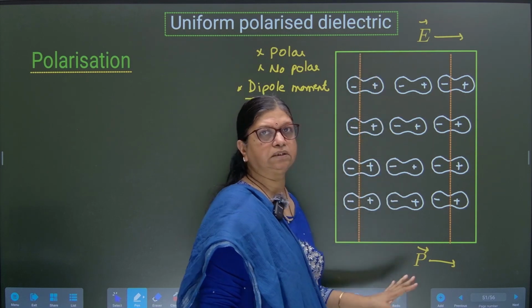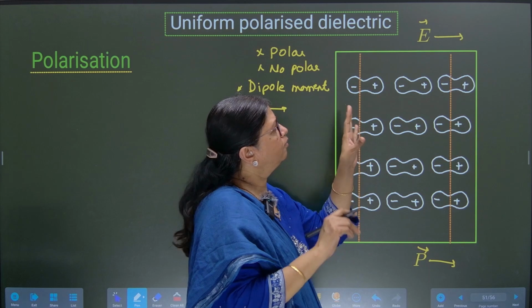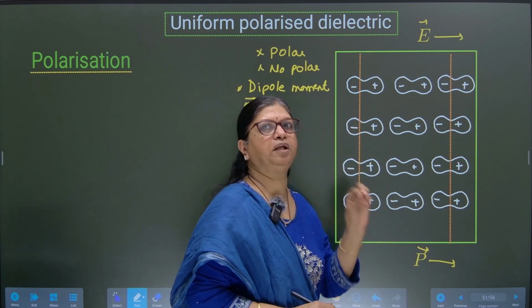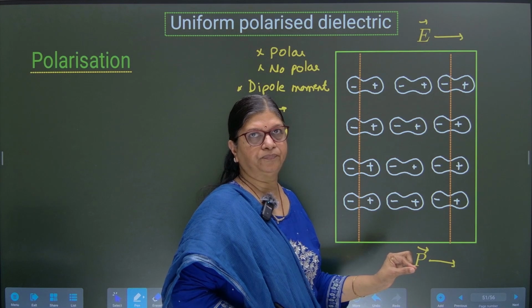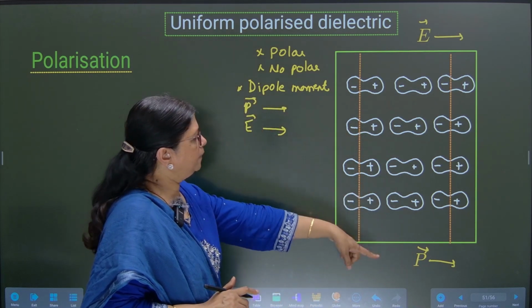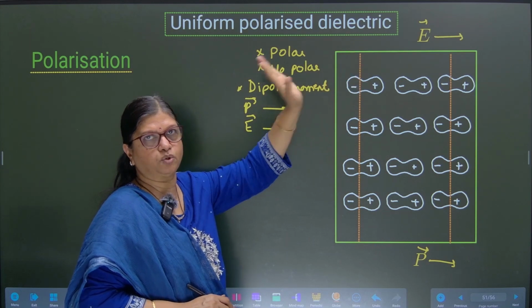Whether this dielectric is polar or non-polar, a net dipole moment will definitely be induced inside the dielectric. Fine. Whose direction will be same as the direction of the external field given to the dielectric.